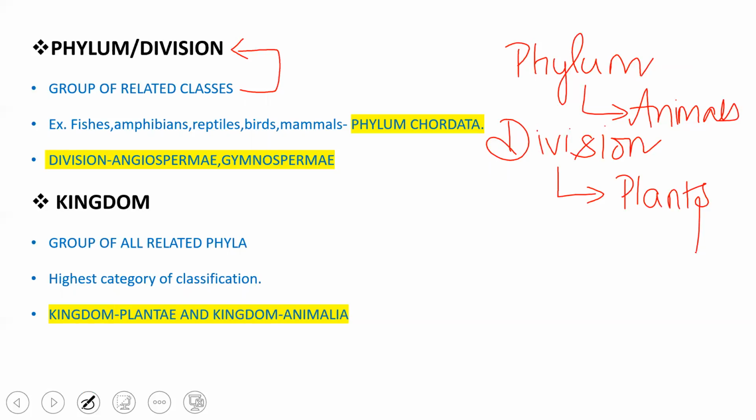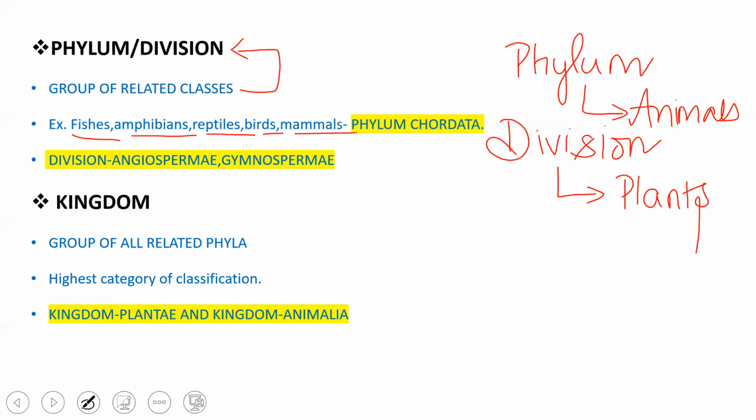So for example, fishes, amphibians, reptiles, birds, and mammals. All these groups of related classes, fishes, amphibians, reptiles, mammals, belong to one single phylum called Chordata. Chordata includes the organisms which possess the notochord.